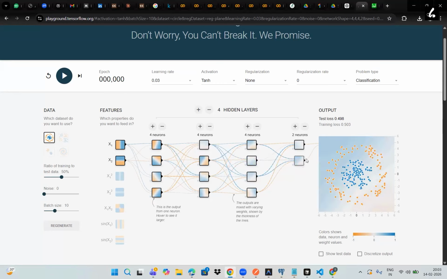Suppose this is the input, and to produce the output I need to traverse through 1, 2, 3, 1, and 2. Suppose a different kind of input comes in, then I need to traverse through 1, 4, 1, 1, 2. A different combination of logic, and what differs is the weights.